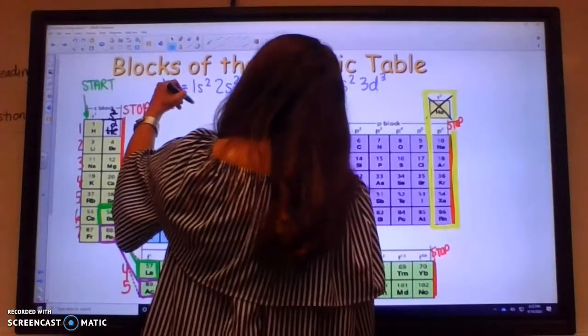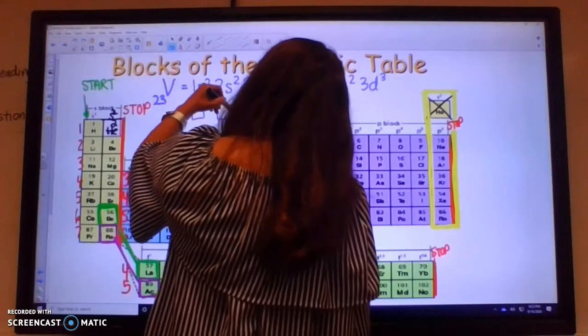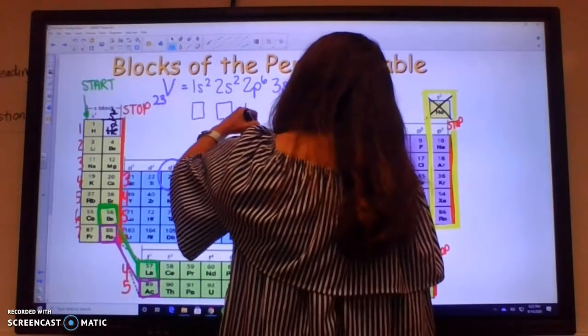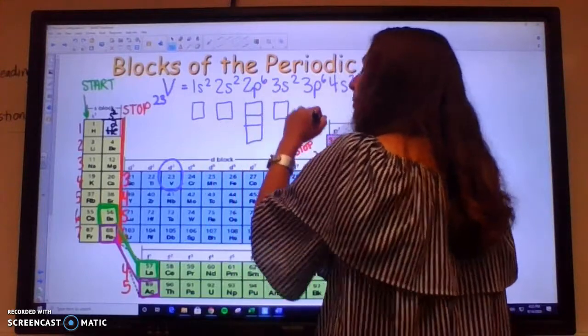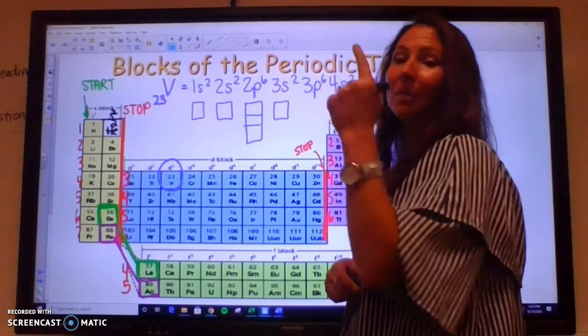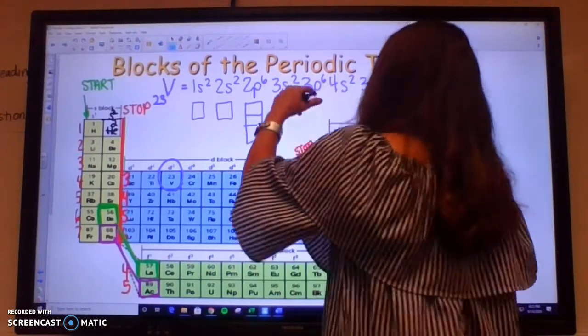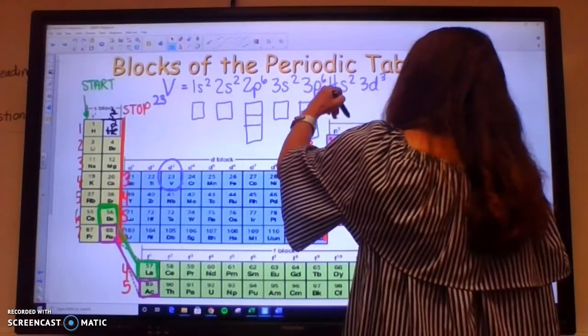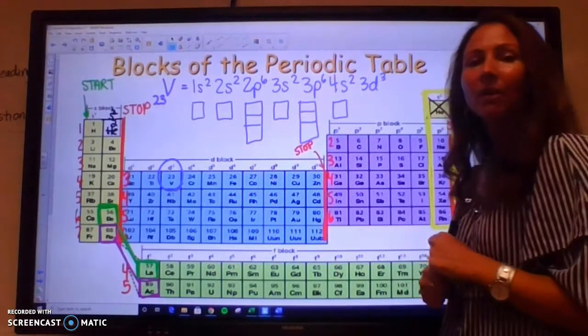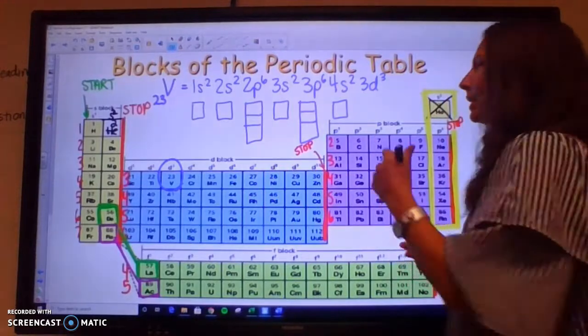Okay, so I have an s orbital. That's going to be 1 box for that s orbital, 3 for a p, 1 for this s. I probably should have had y'all try this before I continued, but we're good. Hopefully I'll remember to do that in class and just pause it. This is an s. Okay, so a d orbital. How many boxes would a d orbital be?